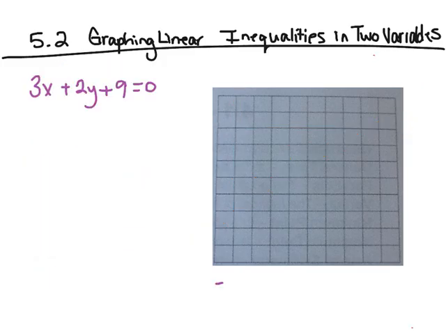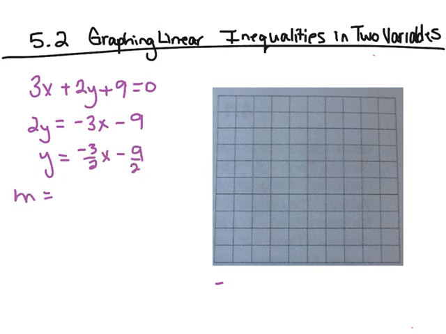So for this one, to find our slope, we have to put it into y-intercept form. So we put our y's on this side and our x's on this side. So y will equal negative 3 over 2x minus 9 over 2. So slope is negative 3 over 2.